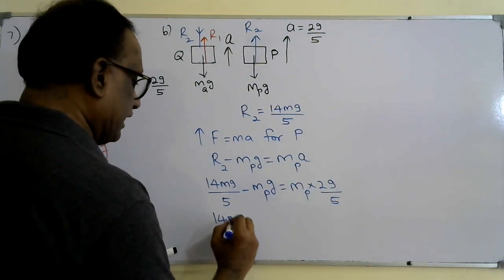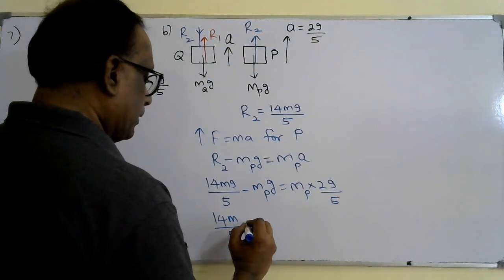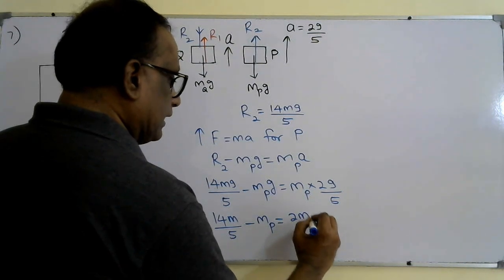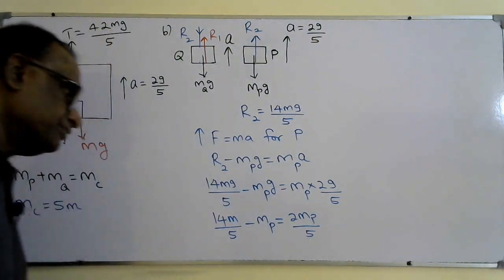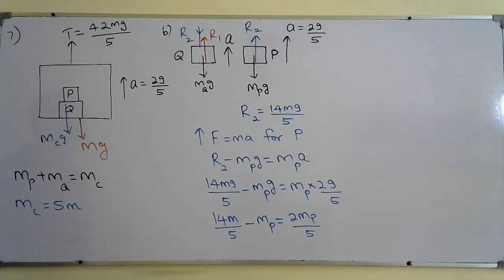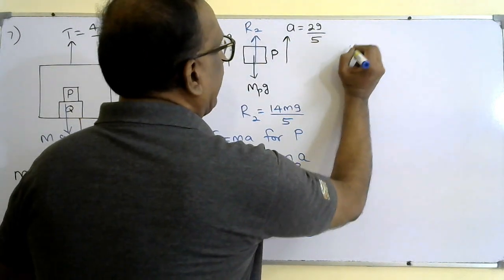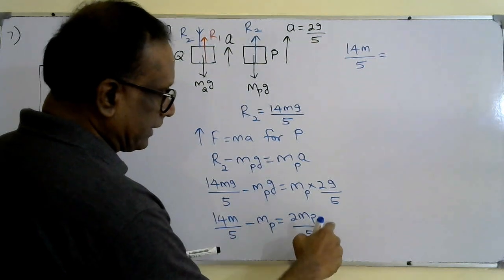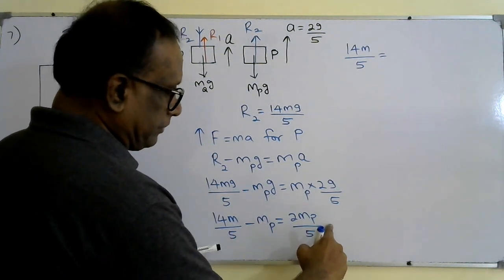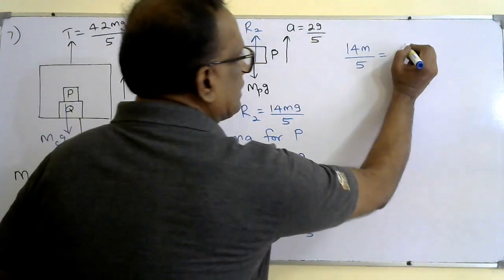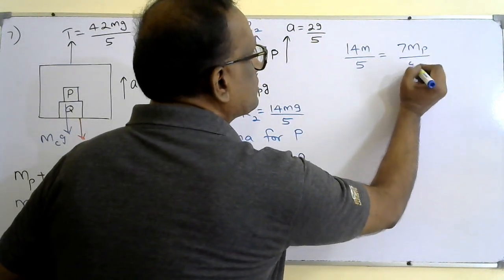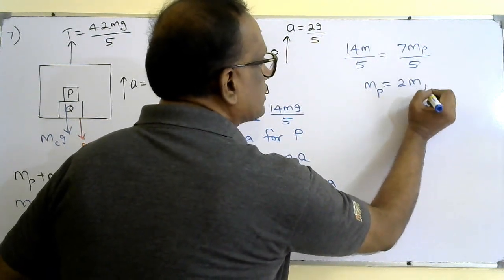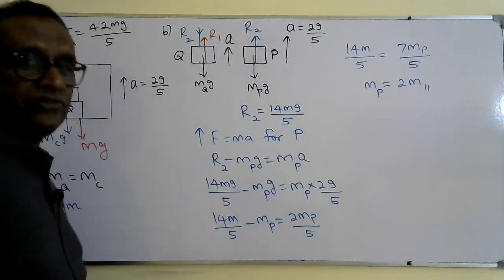So 14 m over 5 minus mp equals 2 mp over 5. Taking it to the other side, 14 m over 5 equals 2 mp over 5 plus mp, that is 5 mp plus 2 mp, 7 mp over 5. So mp equals 14 m over 7, the 5 gets cancelled, so mp is 2m. The mass of P is twice the mass m.